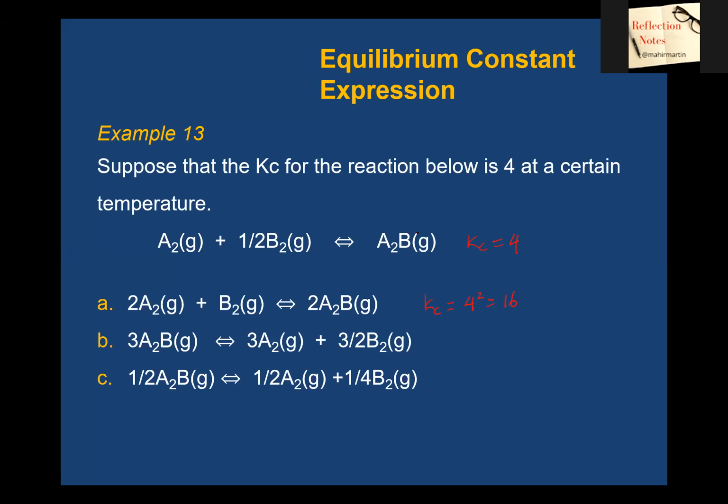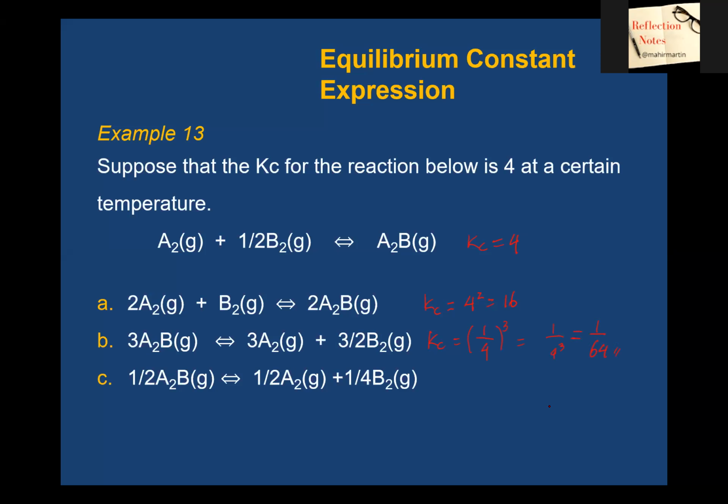Yes, very good. It is 1 over 64. Because what you are doing, first you reverse the reaction. When you reverse the reaction, it is 1 over 4. And then after that, you multiply by 3. So you're going to power it by 3. So it is 1 over 4 to the power 3. So it is 1 over 64.